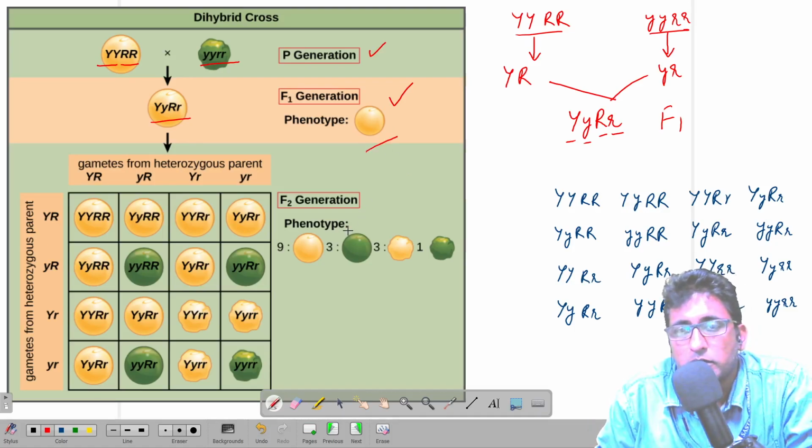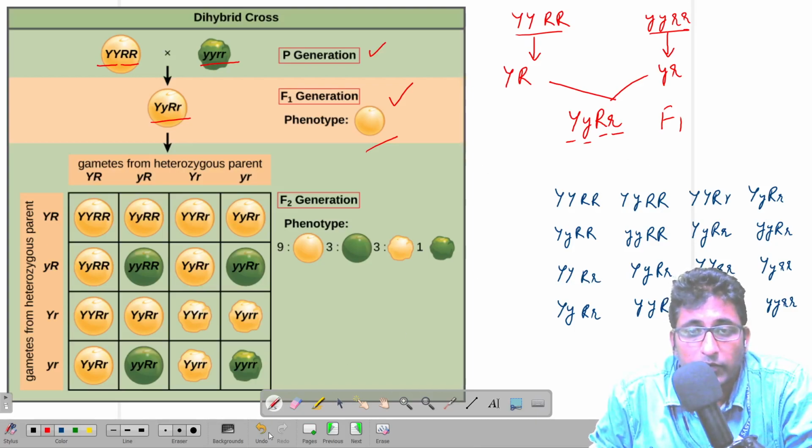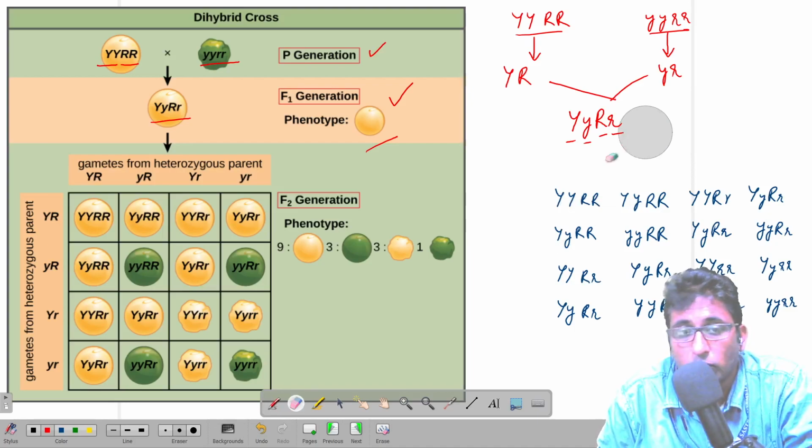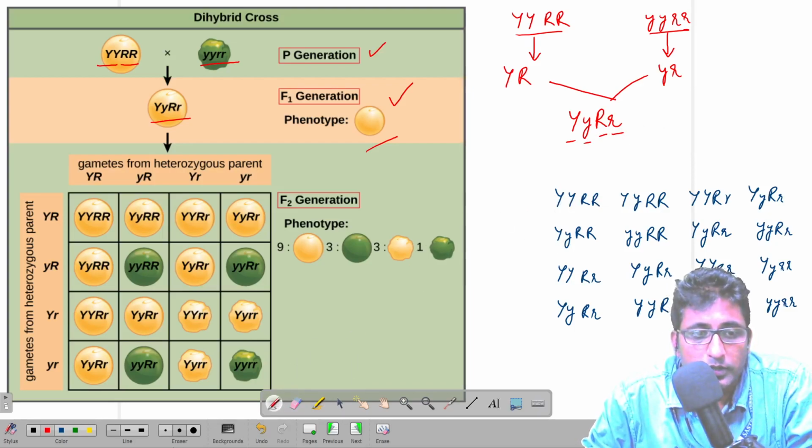Now if we are allowing it to cross within, we have a cross of F1 generations. Now we will have a lot of difference in terms of the number of types of gametes that it could form.